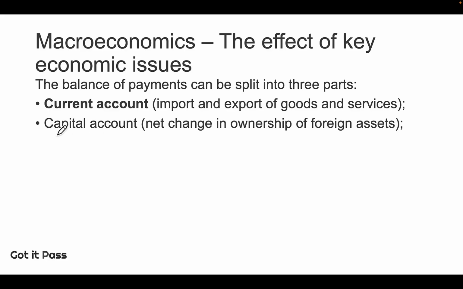Next, the capital account. The capital account is the net change in ownership of foreign assets. Foreign assets means loans or any receivables between the government and other countries. So the capital account is about the capital assets or foreign assets, the net change of them.